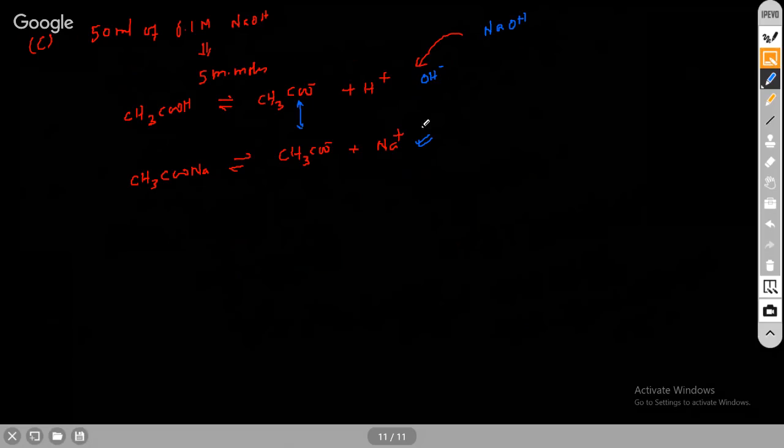So this OH minus combines with Na plus over here, right? And forms Na plus plus OH minus, and it gives NaOH in the reaction vessel, right? So obviously, when this is combining with this, when you add base into it, the second reaction is going in the forward direction.